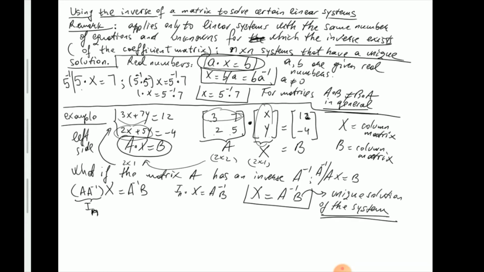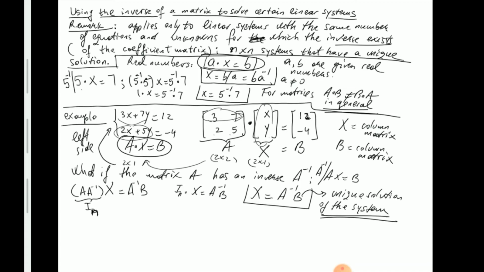Again, provided you have the same number of rows and columns so that the inverse has the potential to exist. It's not guaranteed to exist, even if it's a square matrix. But if it does exist, and you multiply by the inverse on both sides, then you find the solution, which happens to be a unique solution. So if the system doesn't have a unique solution, you won't be able to find this inverse in the first place.